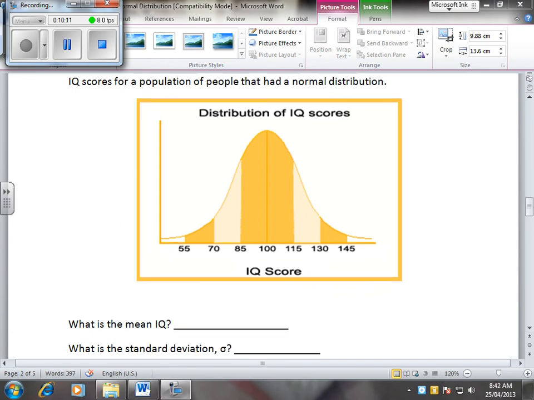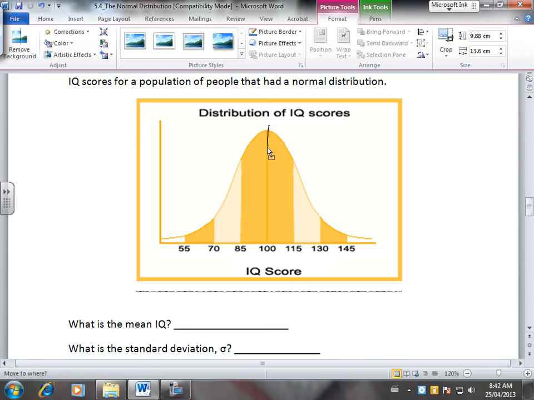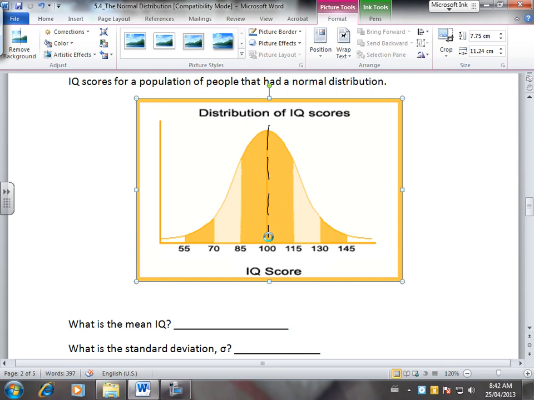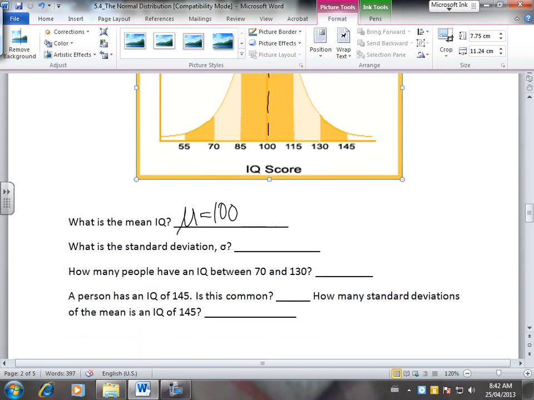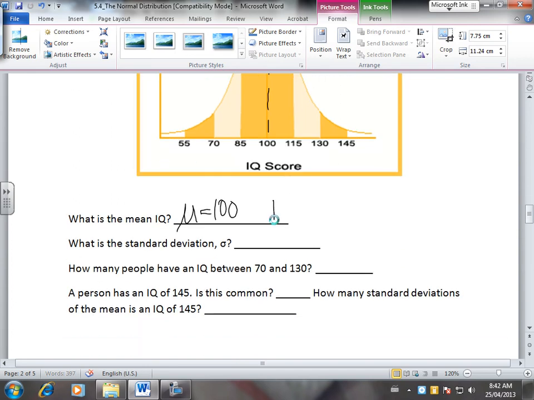What is the mean IQ? I look at my bell curve and identify my mean, which is this center line here. Remember that we show the mean with this little symbol, mu. My mean is 100, so if I want to write that out, I would say the mean IQ is 100.